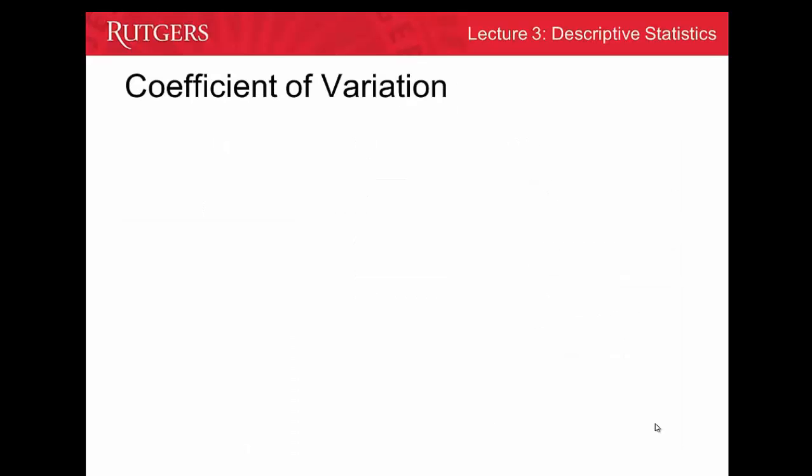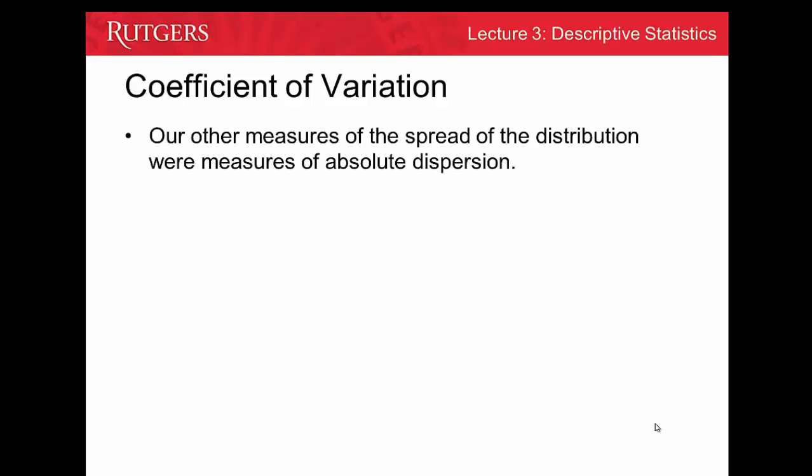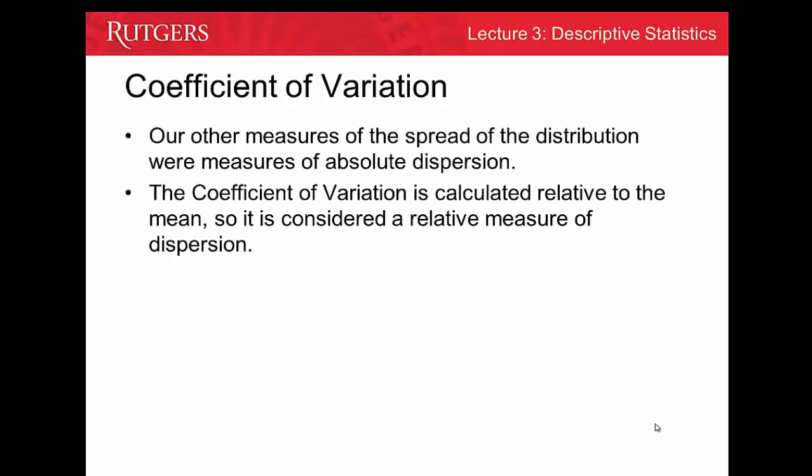Okay, then the last measurement for the dispersion is coefficient of variation. Unlike the other dispersion measurements like the range, the variance, the absolute deviation, they are the absolute measurements for the data dispersion, while the coefficient of variation is the relative measurement of data dispersion.